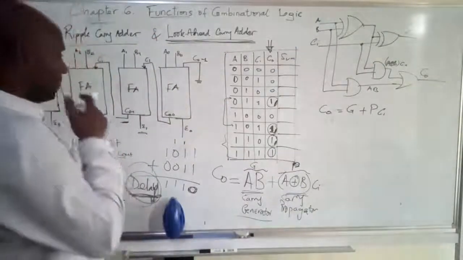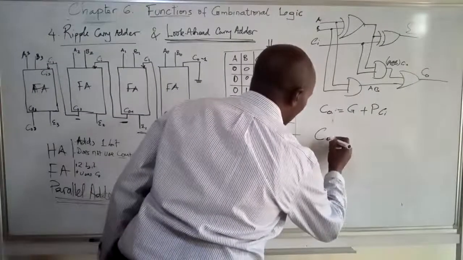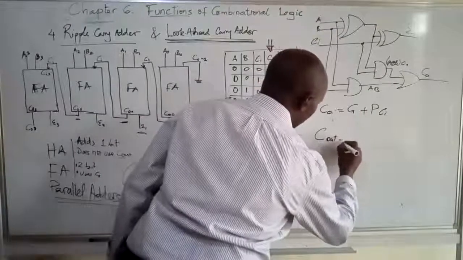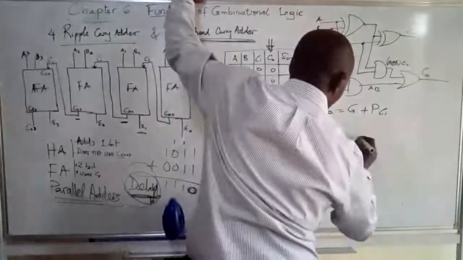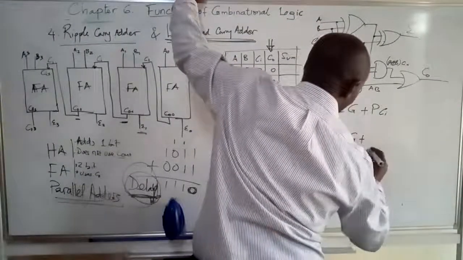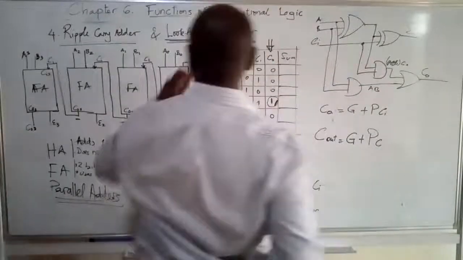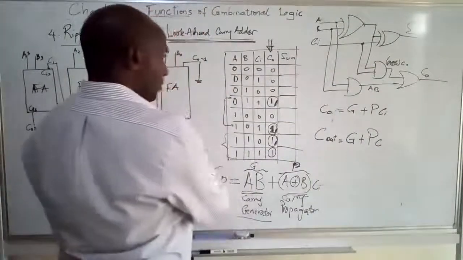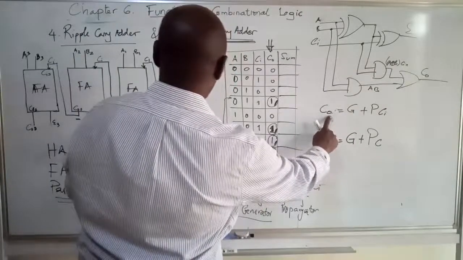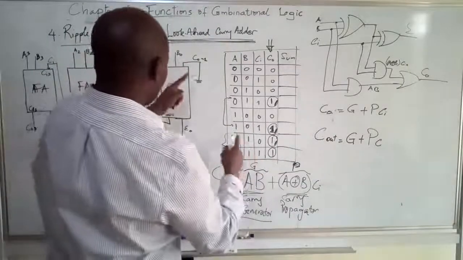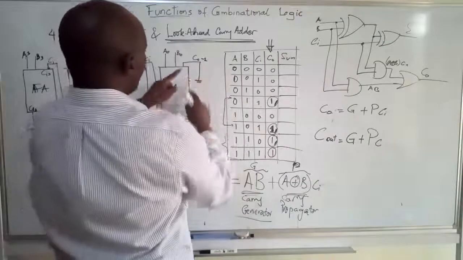If you generalize, C out is equal to G plus propagator C. But which C? Now remember the first C out here, it uses the carry in.